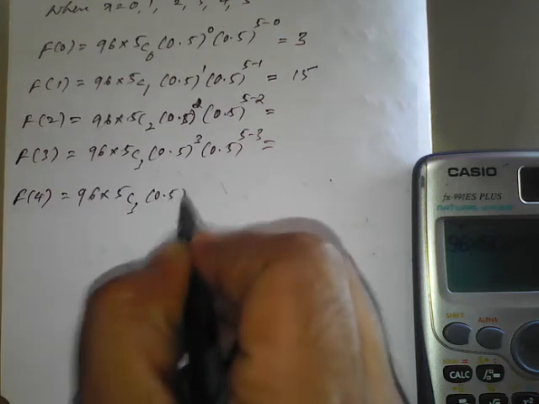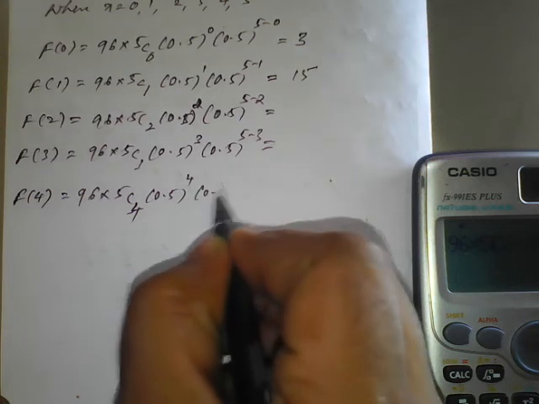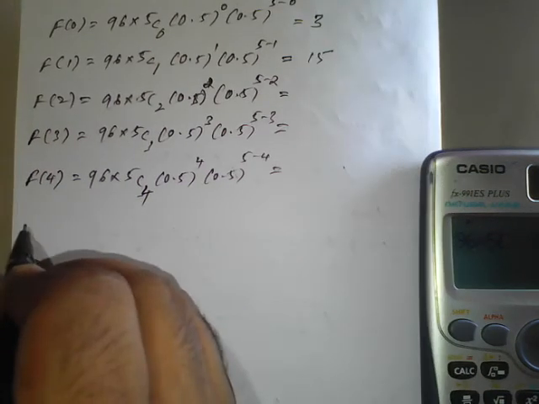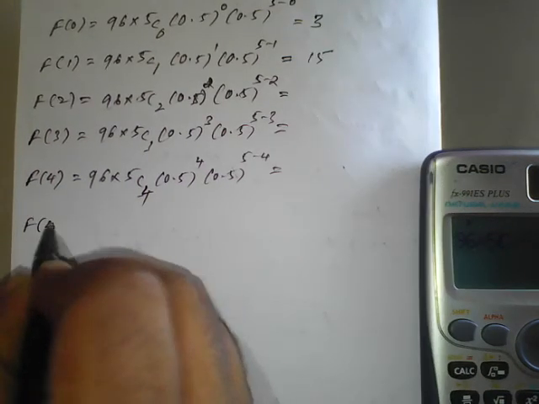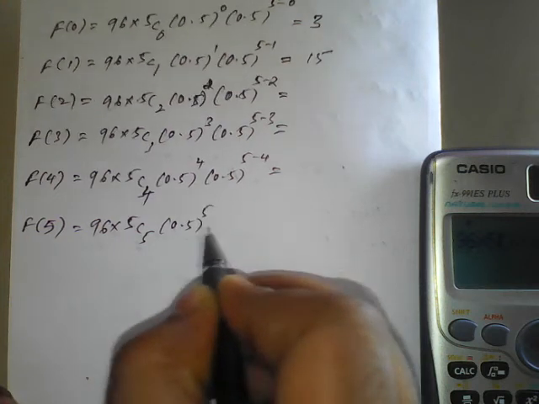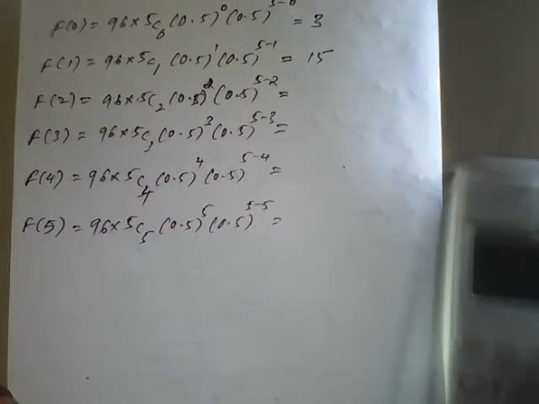Then f of 4 is equal to 96 into 5C4, 0.5 raised to 4, 0.5 raised to 5 minus 4. And the last one, f of 5 is equal to 96 into 5C5, 0.5 raised to 5, 0.5 raised to 5 minus 5. We'll go one by one.